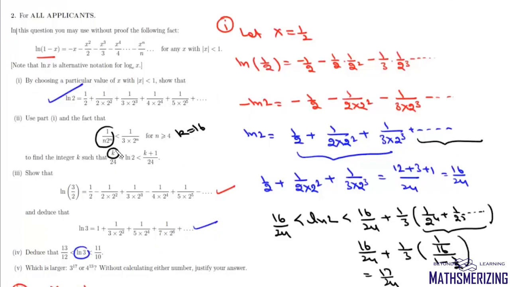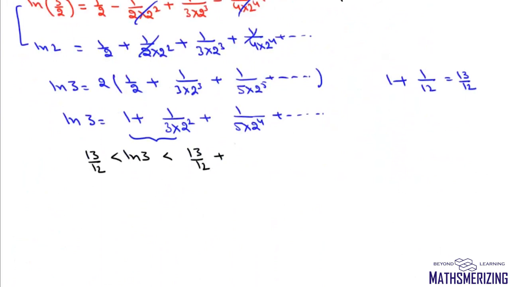Now, as we have used in question number 2, 1 upon n into 2 to the power n is less than 1 upon 3 into 2 to the power n. Here we'll take 5 rather than 3. So we can write this as 1 by 5 and then 1 upon 2 to the power 4 plus 1 upon 2 to the power 6 up to infinity.